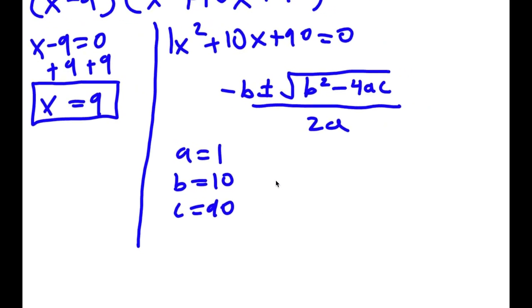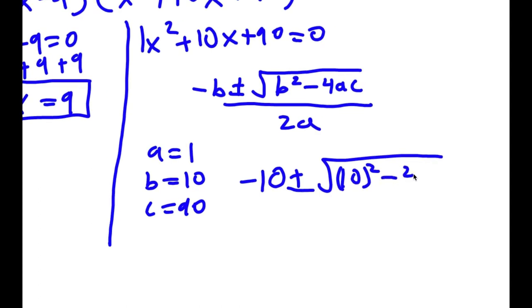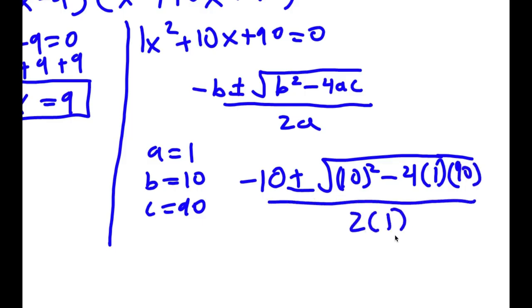So now if I plug these values in, I have negative 10 plus or minus the square root of 10 squared minus 4 times a, which is 1, times c, which is 90. And we're dividing this by 2 times 1.